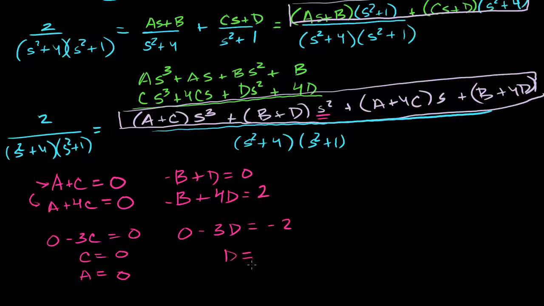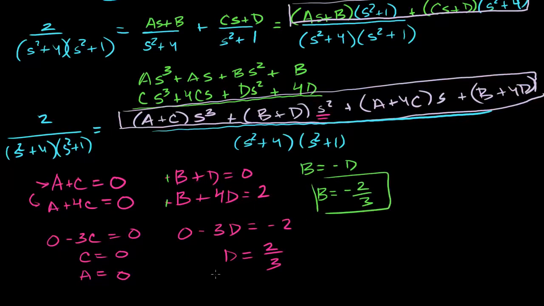D is equal to 2/3, right? Minus 2 divided by minus 3 is 2/3. We said b plus d is equal to 0. So b must be the opposite of d, right? We could write b is equal to minus d, or b is equal to minus 2/3.